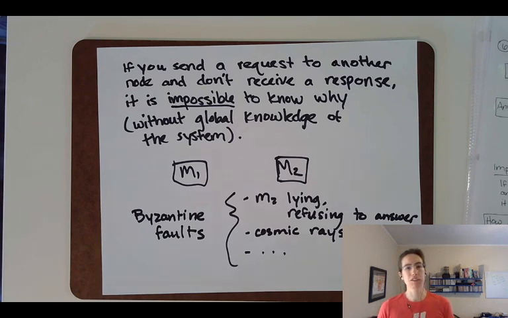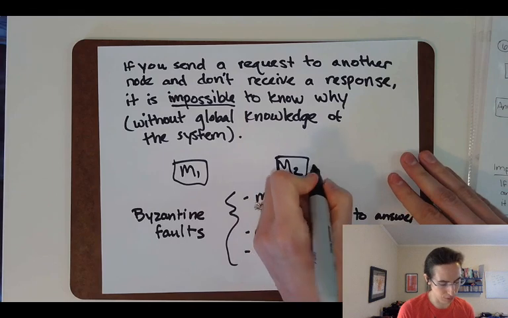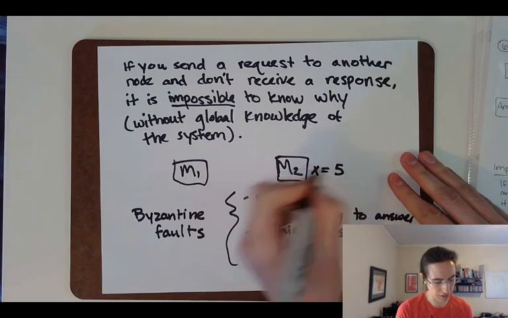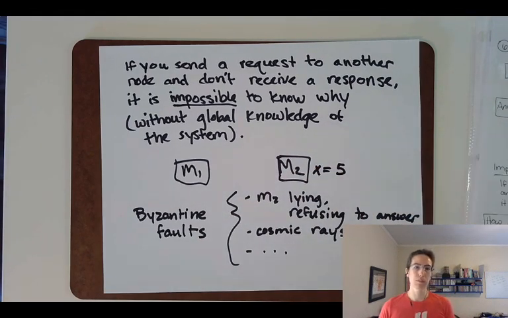Okay, so some people are asking questions like, well, in this example, we said that M2's knowledge of X is that it's 5, right? So one person's question is, what if M1 asks for the answer, and then M2 sends it, and then it changes soon after that. Yeah, that would be yet another situation.